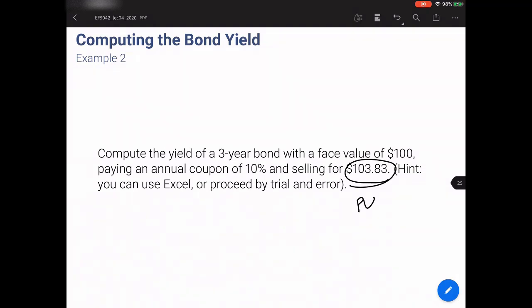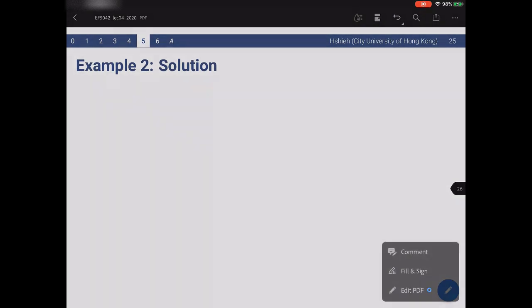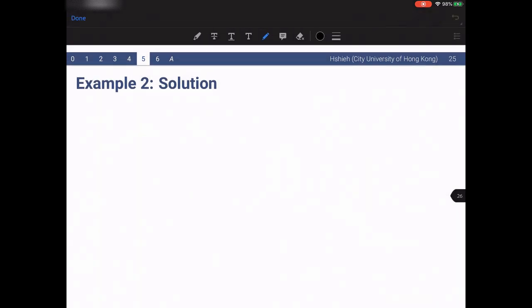All right, so let's write out the present value, future value equation. We have present value equal to 103.83, and we have a 10% annual coupon. That means that we can simply multiply 10% by the face value of $100. So $100 times 10% is 10. We will receive $10 every year until maturity.